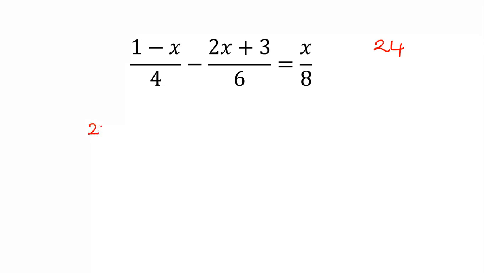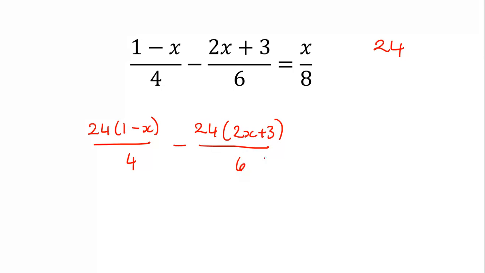So you end up with 24 lots of 1 minus x over 4, subtract 24 lots of 2x plus 3, all over 6 equals 24x divided by 8. Okay, so 24 divided by 4 is 6, so here I get 6 minus x.